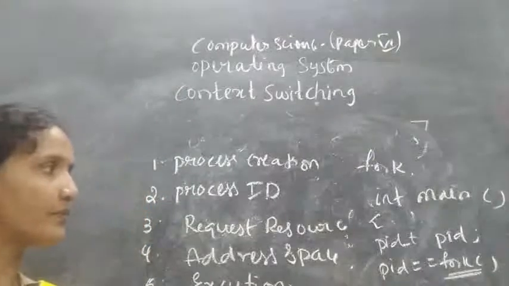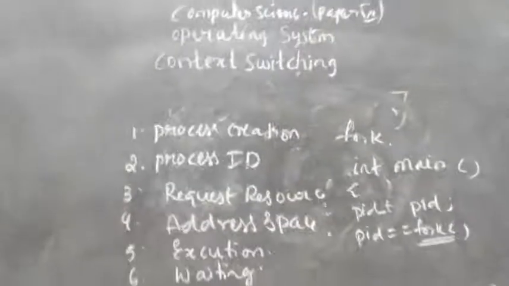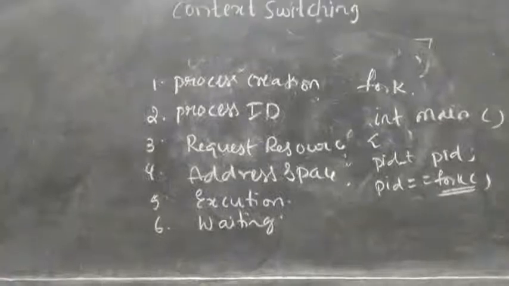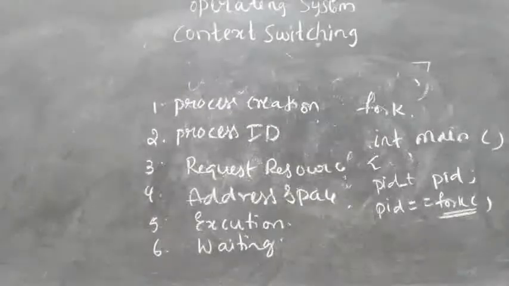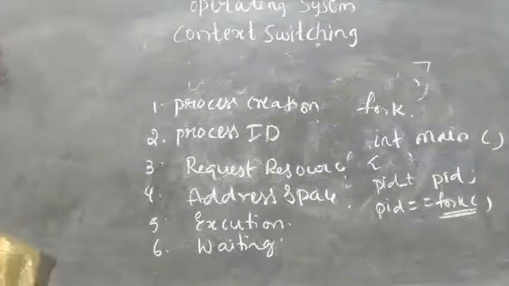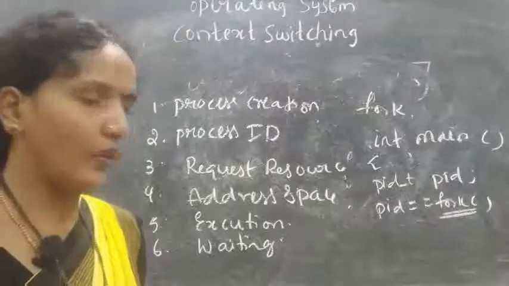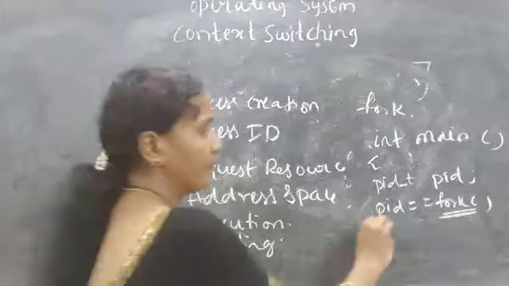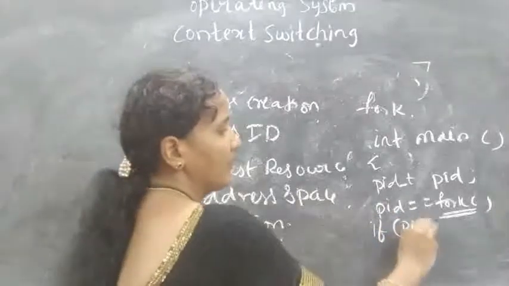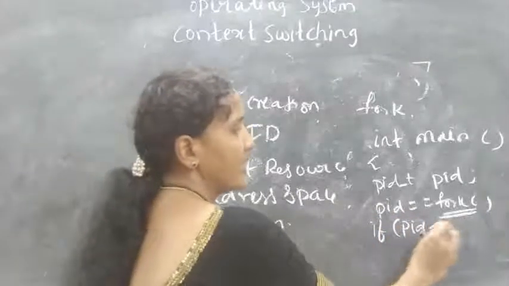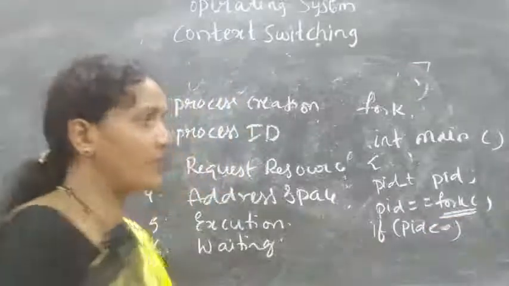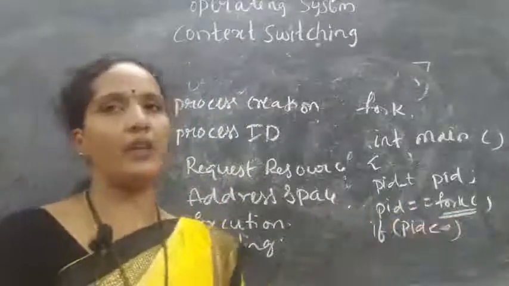Clear? Understood? Now, for example, if pid is less than 0: if fork is successful, pid equals 0 in the child.